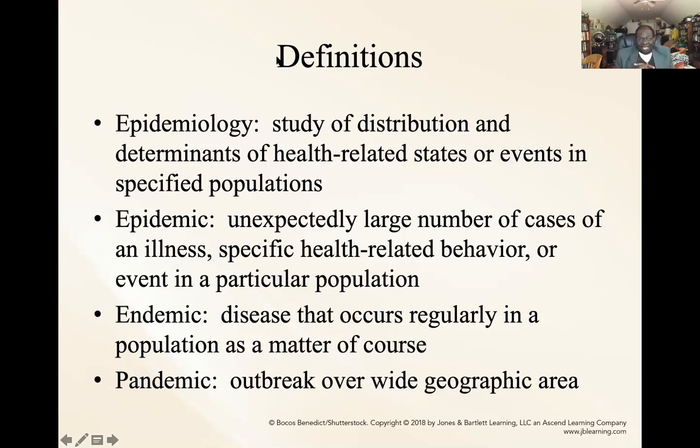So try to understand whenever you hear the word epidemiology. You see, because right now there is a big study, all the epidemiologists, especially those who know what they are doing, are in high demand.